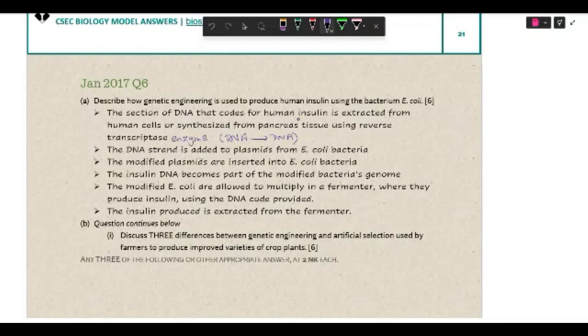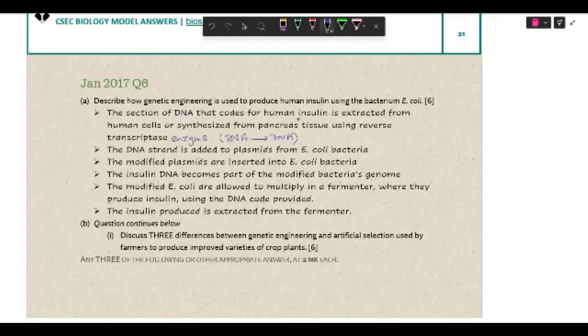RNA is used as a template, a temporary template for various mechanisms, various organelles, your ribosomes, etc. is going to use that RNA as a temporary template to manufacture the protein. So if you have a cell that's producing a lot of a particular protein, then you're going to find a lot of RNA for that protein present in the cells.